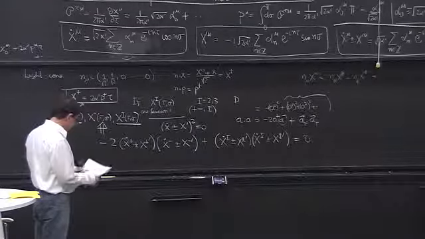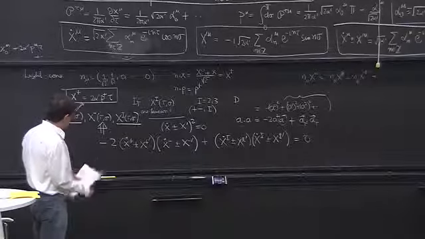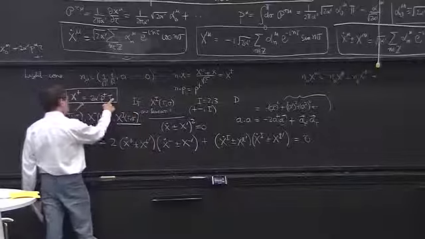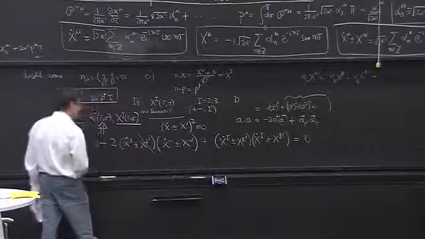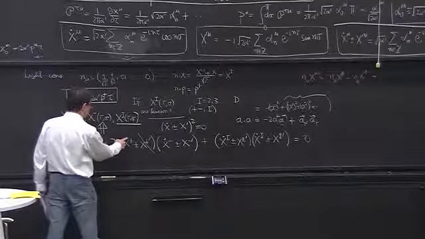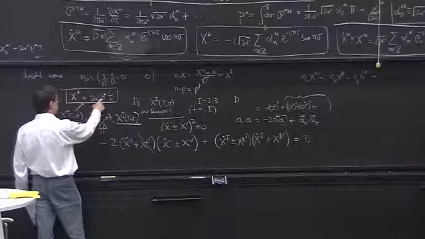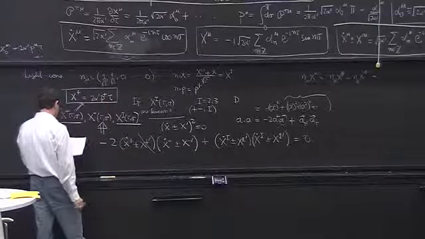Now, something even more nice happens here. X plus has 0 prime derivative, no sigma dependence. So this is 0, and x dot plus is just 2 alpha prime p plus.